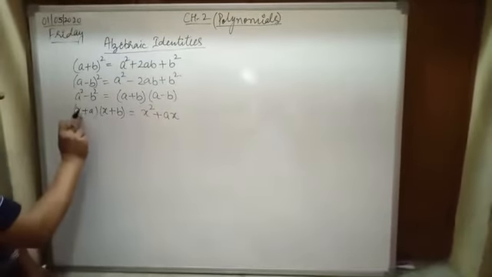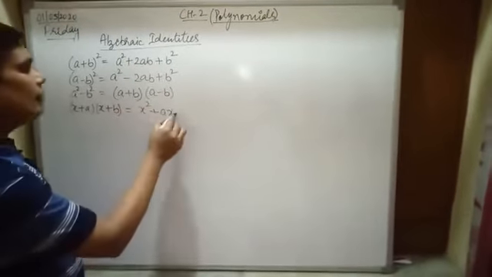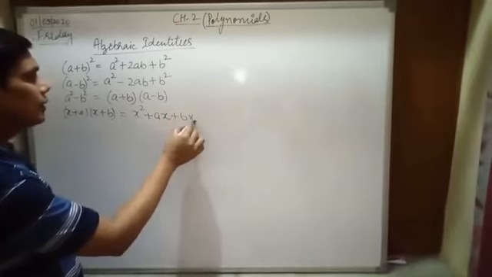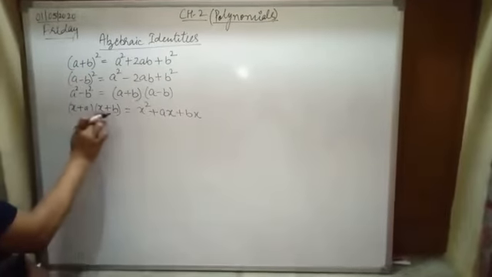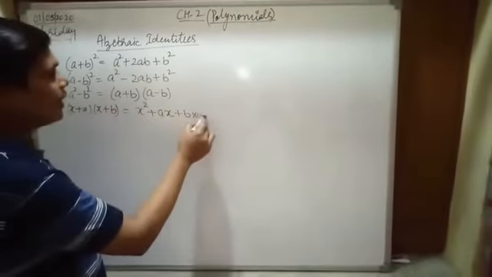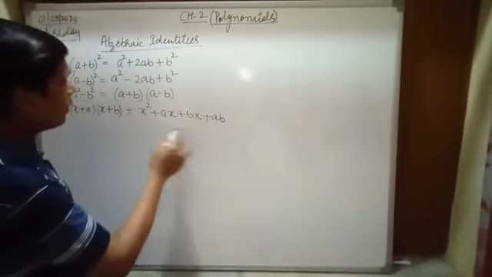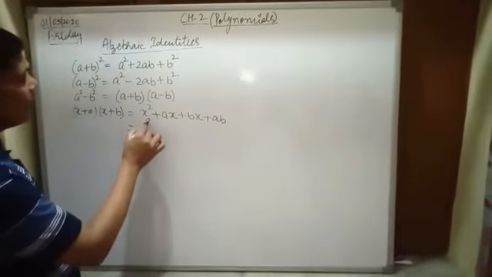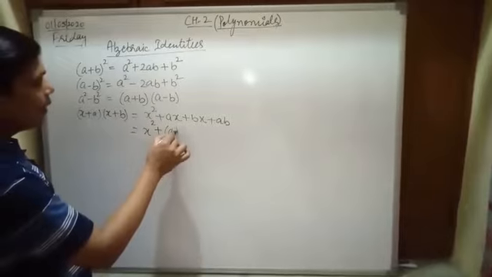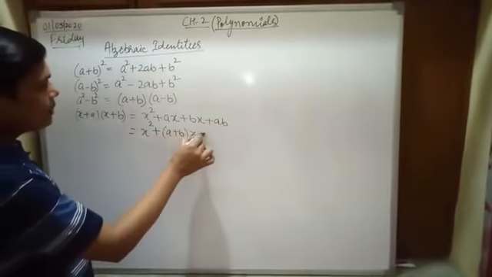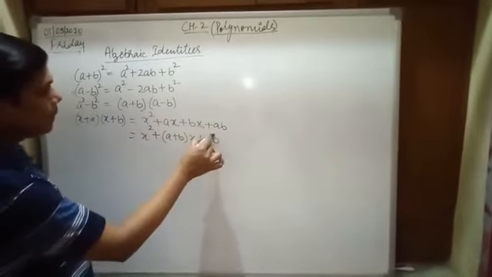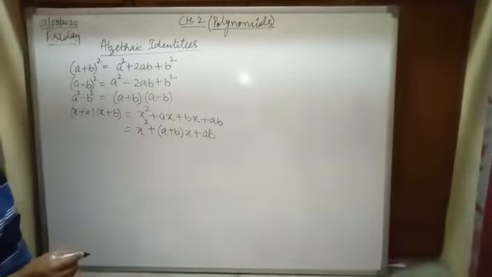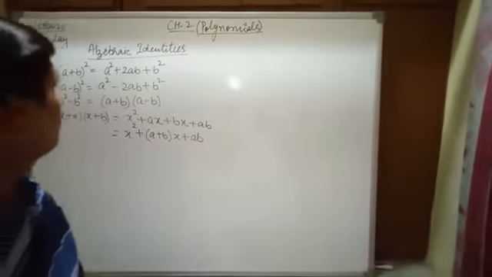Now this x is multiplied by b, then we get bx. And this a is multiplied by b, then we get ab. Or we can rewrite it as x square plus (a plus b)x plus ab, which is actually splitting the middle term.